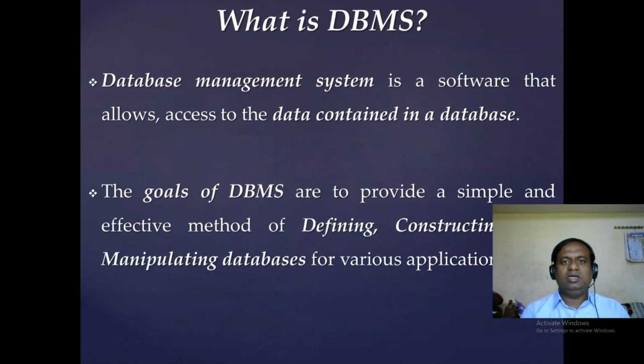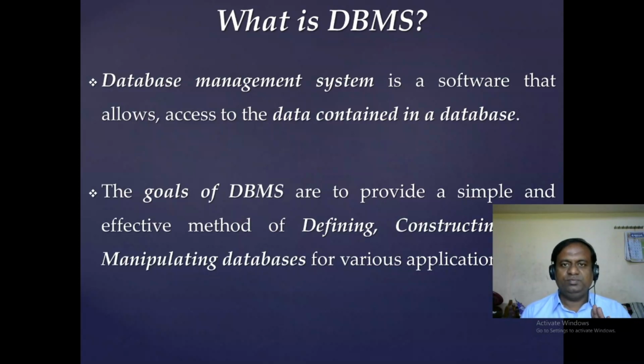Among this information related to the students, what exact information is to be maintained in the database, first that should be clarified. And that is nothing but defining what data is to be maintained in the database. After defining is done, we need to construct as per the definition.